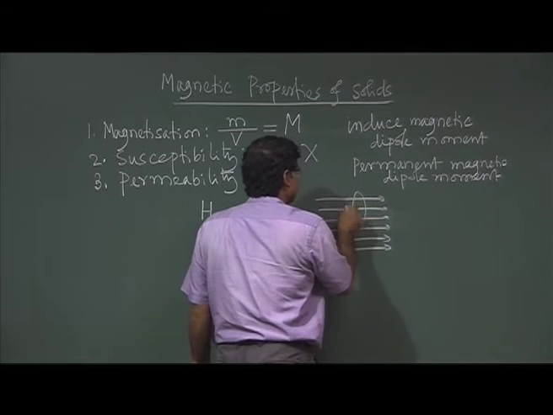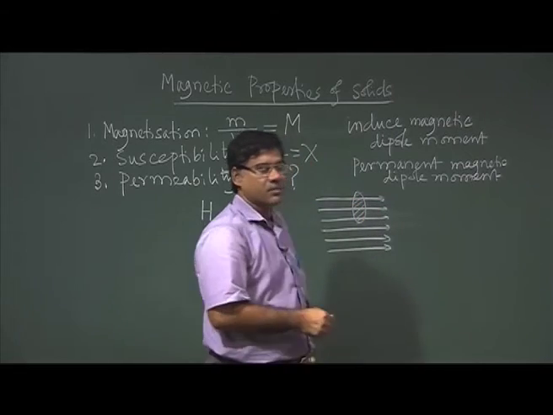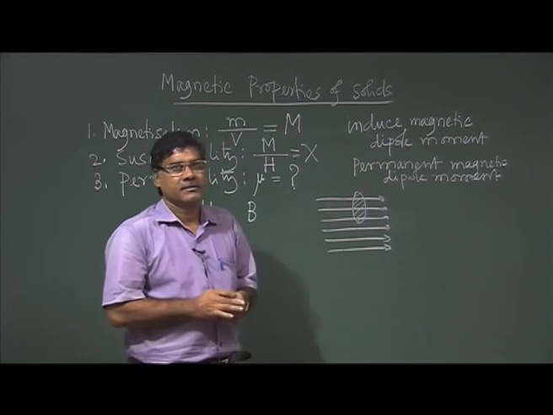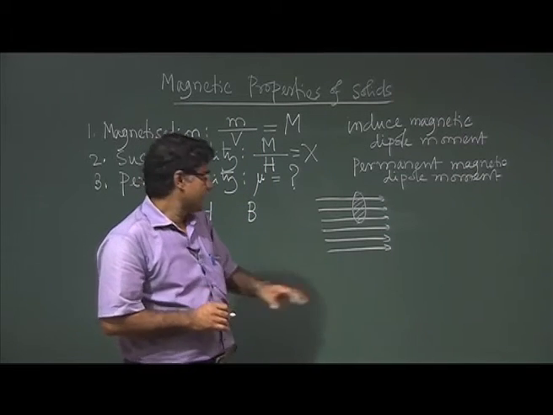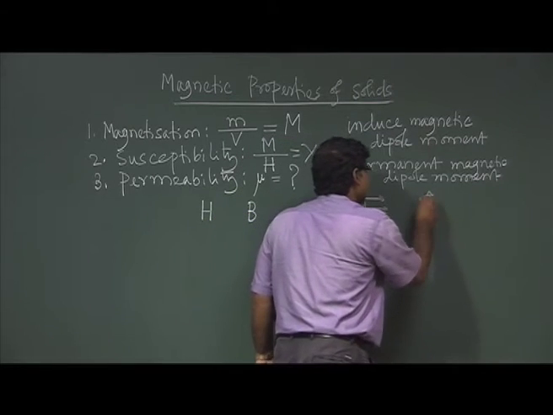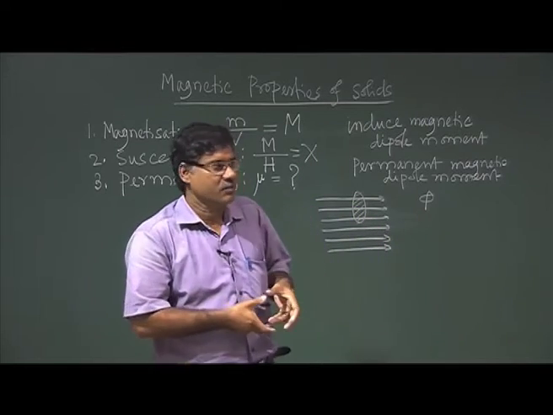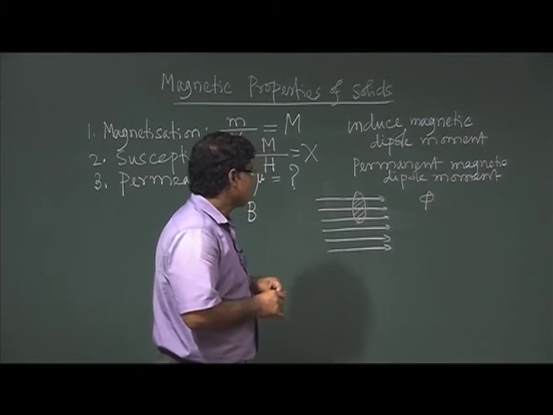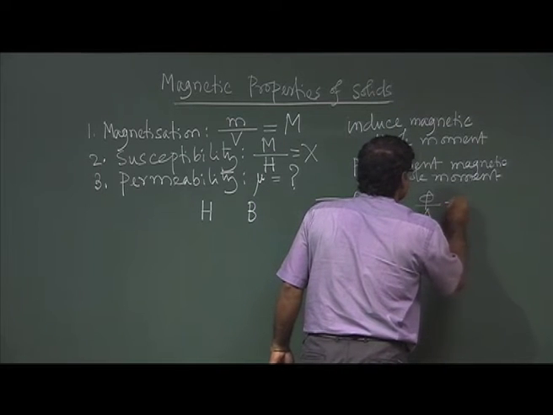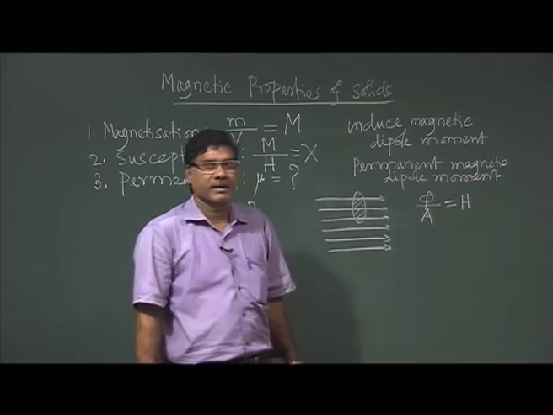What is the number of lines of force through per unit area? That is the magnetic field. These lines of force we tell in terms of magnetic flux. So, lines of force per unit area, that is the magnetic field.